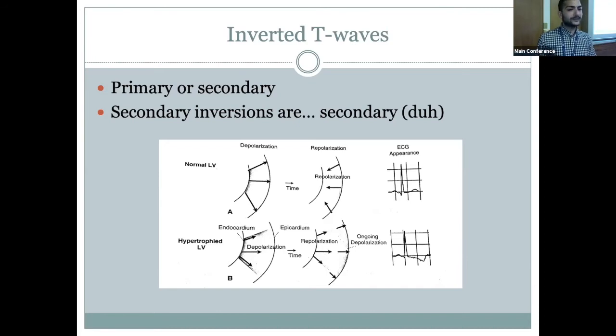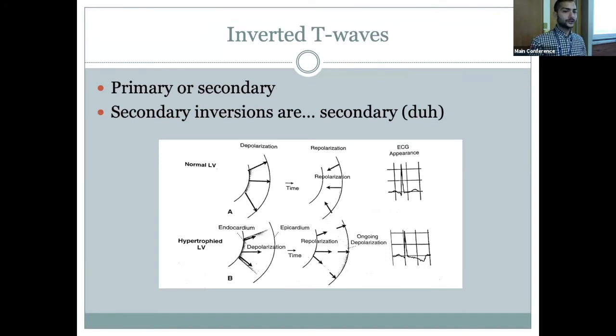I think if a T wave is inverted, you should think about why it's inverted, and primary, secondary, it's not so helpful. But I really like this schematic because I've never been able to really think through why we see a strain pattern on EKGs.